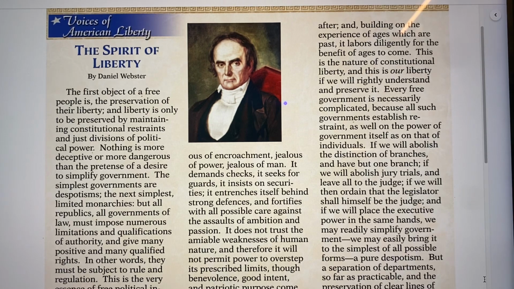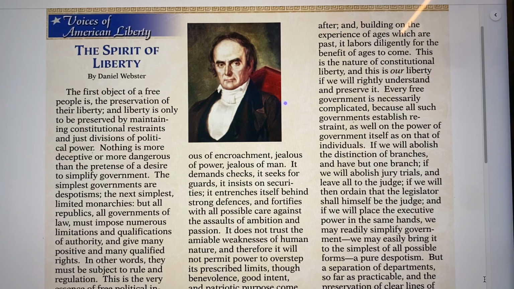That's how we can keep our freedom. He says it's dangerous to simplify government, and it's very deceptive too. The simplest of governments are despotisms, or tyranny, or monarchies. The next simplest would be kings and queens.